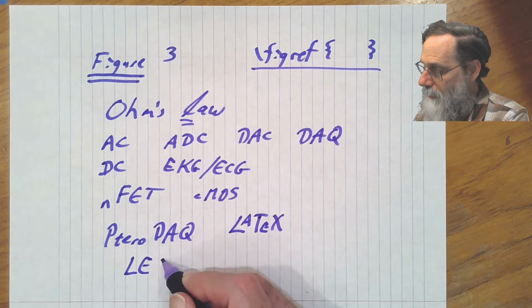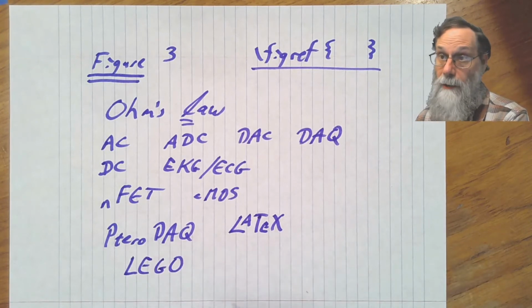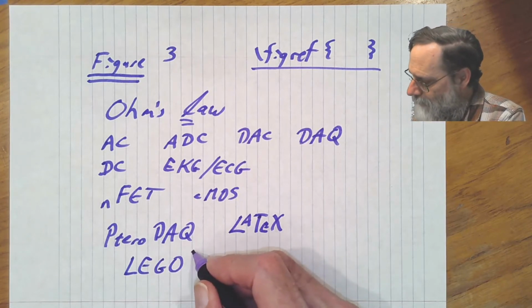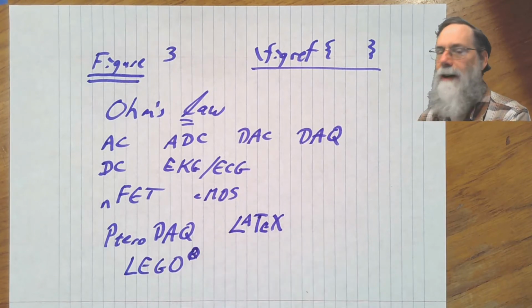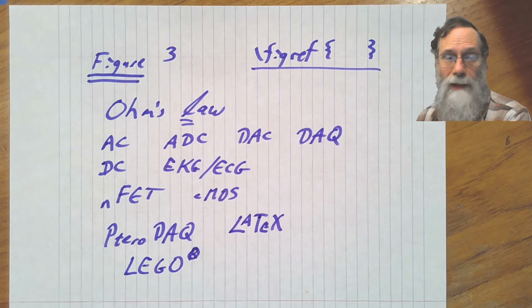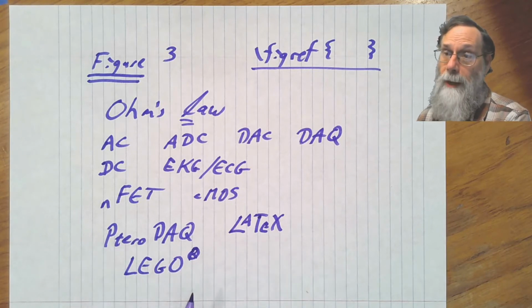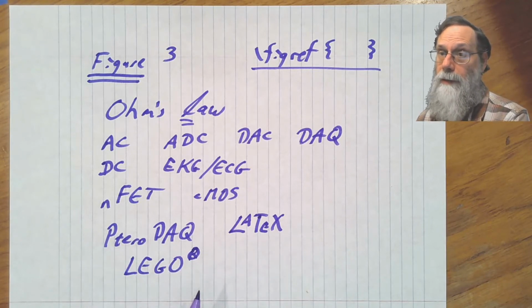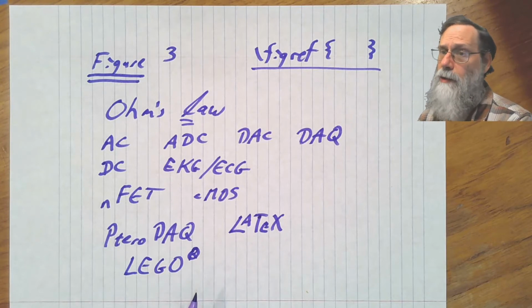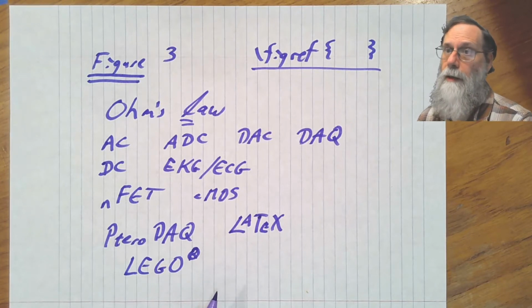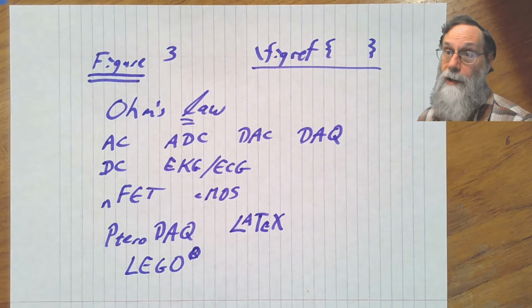Lego is done in all caps, even though it's not an acronym, and it should have a little registered trademark symbol, at least the first time you use it. So there are words which have weird capitalization. A lot of them are things like commercial products. In that case, you should use the same capitalization that the manufacturer uses.